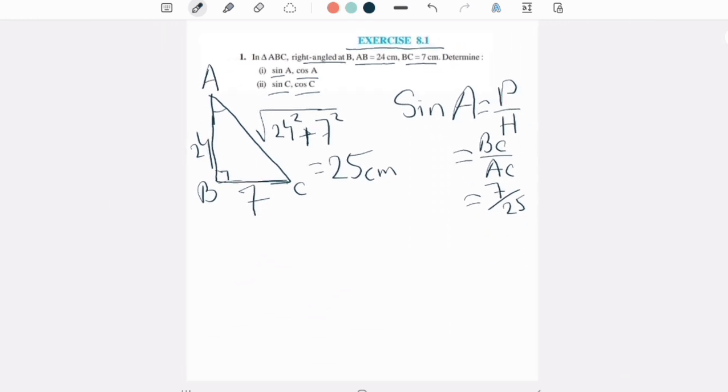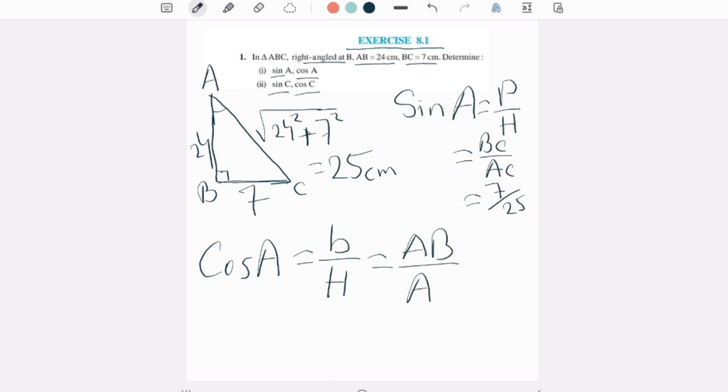So similarly we have to calculate cos A. We know that cos theta is equal to base by hypotenuse. So when we consider this angle A, in this case base will be AB. So this will be AB by AC.